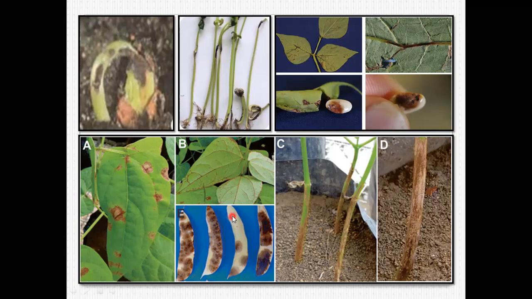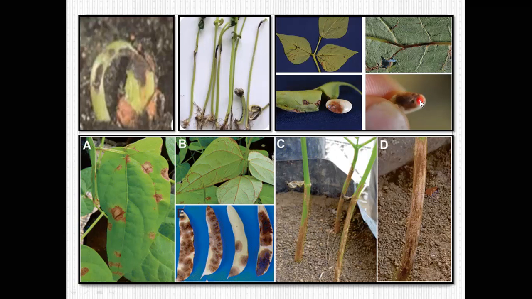This represents the formation of acervuli, the spore fruiting bodies. You see this infection on the pod surface, and the seeds produced from these infected pods are also discolored and small in size.